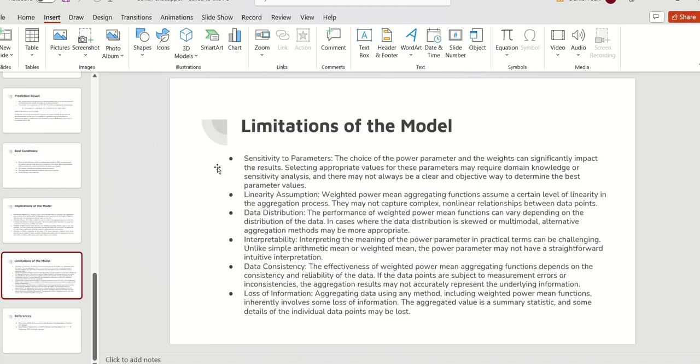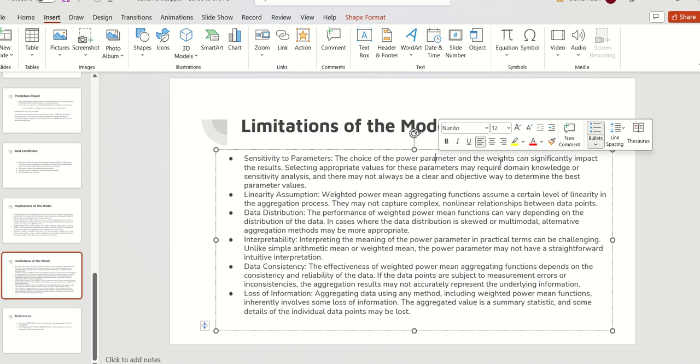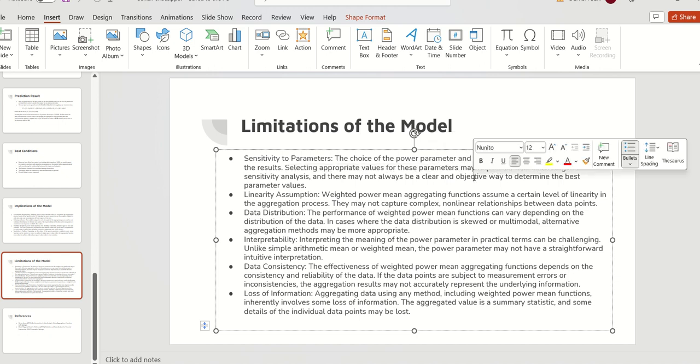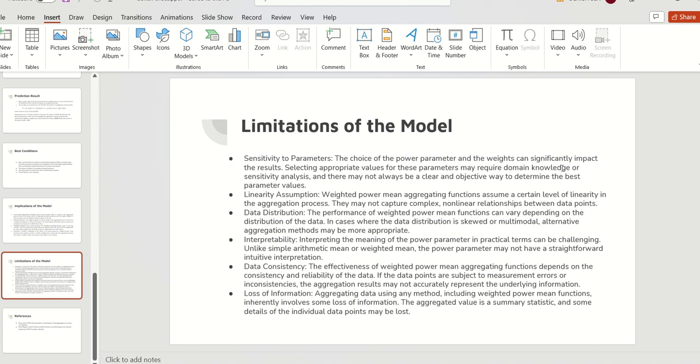Some of the limitations of the model were sensitivity to the parameters. The choice of the power parameter and weights can significantly impact results. Selecting the appropriate values for these parameters may require domain knowledge or sensitivity analysis.